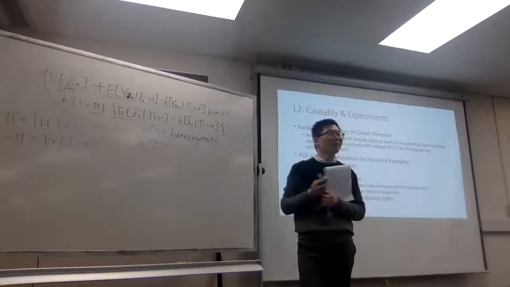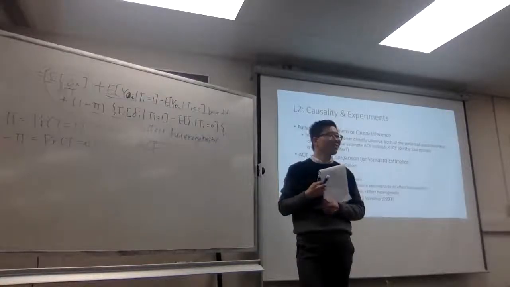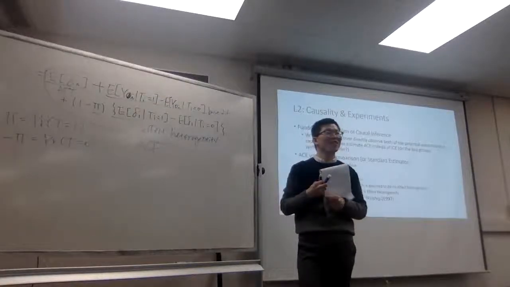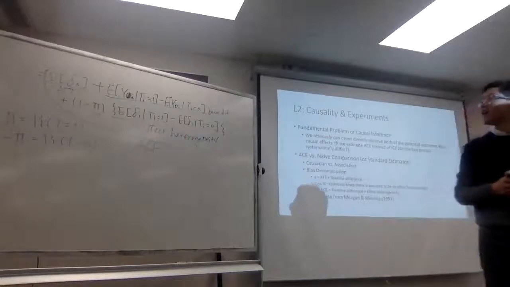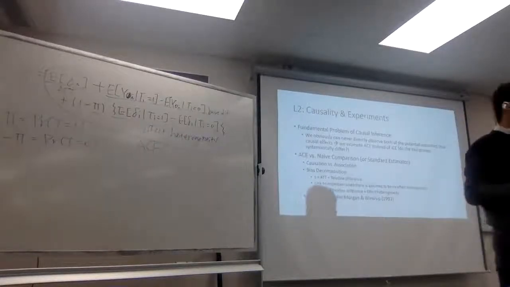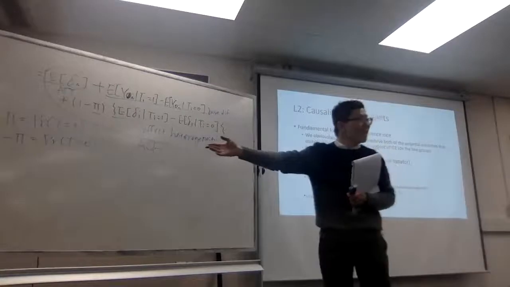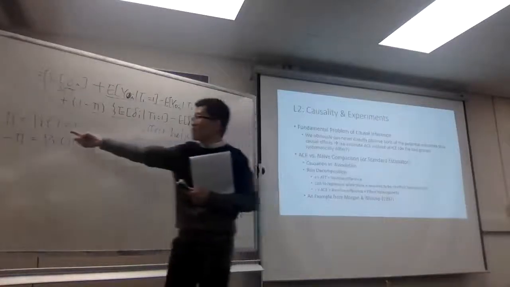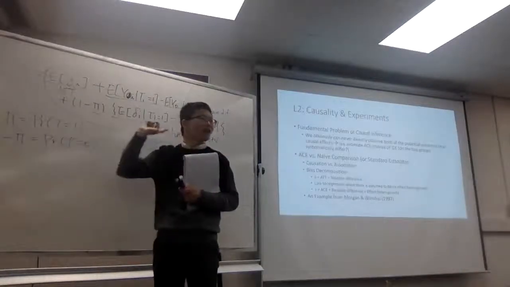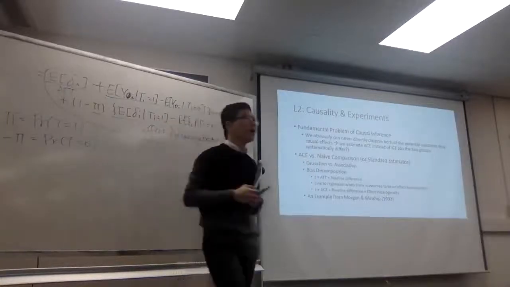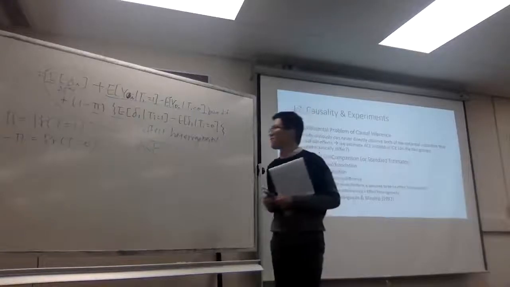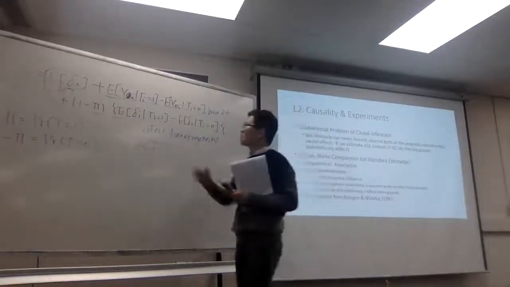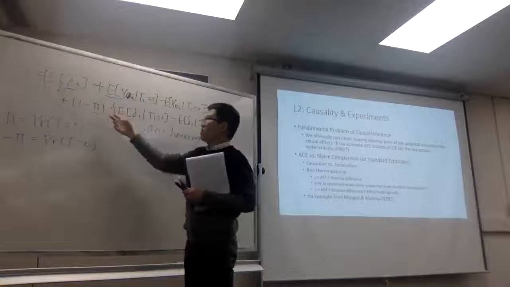Am I going too fast? On the second line, where it says 1 minus pi, is that a multiplication? Yes, in the notation it's parentheses 1 minus pi times the effect heterogeneity.